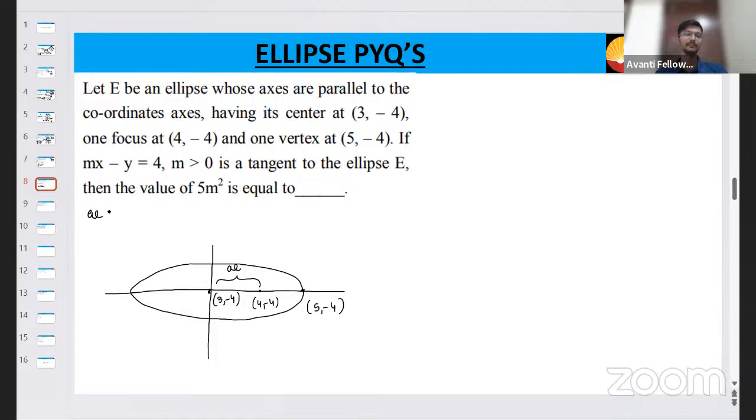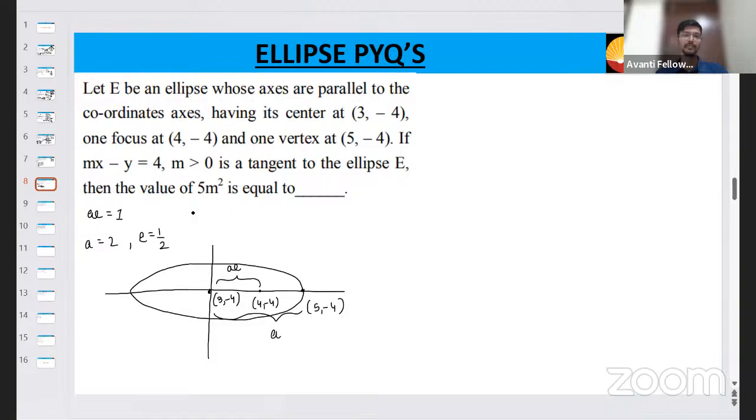And according to our situation, AE is 1. I am trying to get the equation of the ellipse, guys. This distance from center to vertex is A. So we got A as 2. That means E will be equal to half.